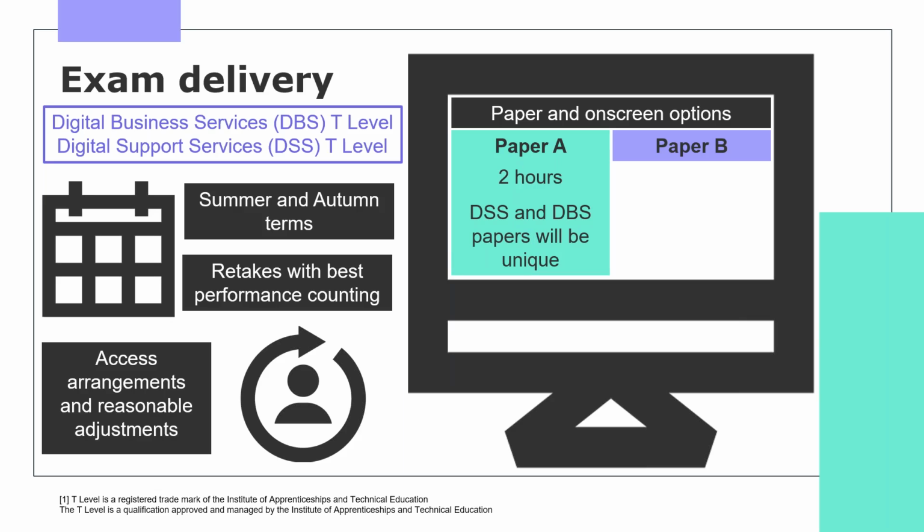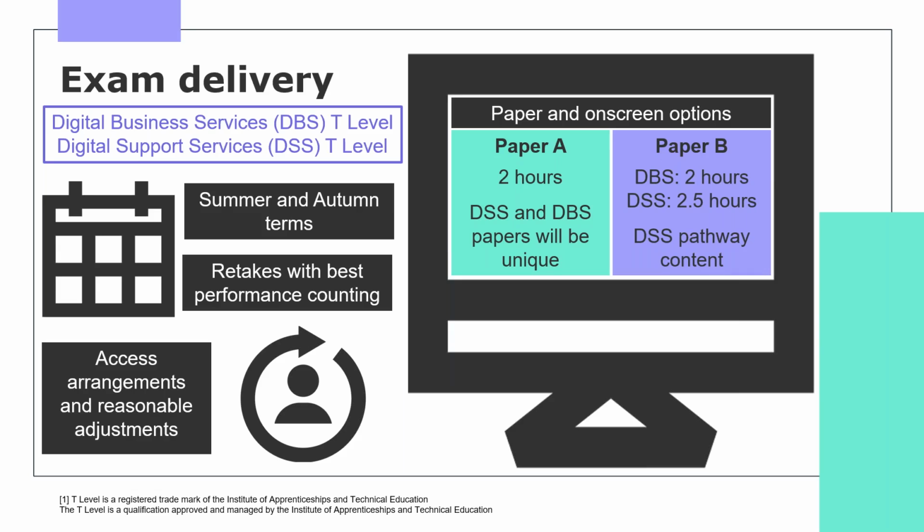Paper A is a 2-hour exam and will assess some of the root core elements, with the same common root core elements being assessed in both T-level pathways. But the exam papers for the pathways will be unique and contain different questions, which is useful when it comes to revision and practicing questions, as you can use questions from either pathway with your students.